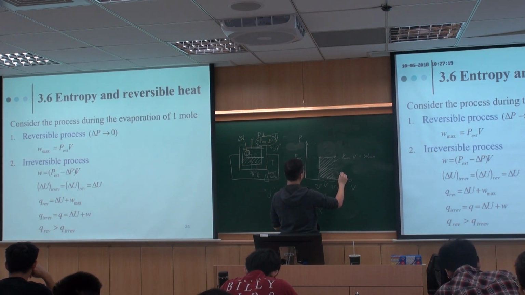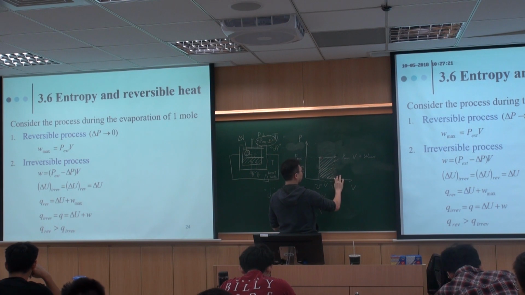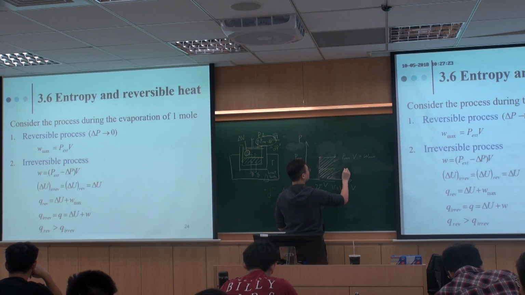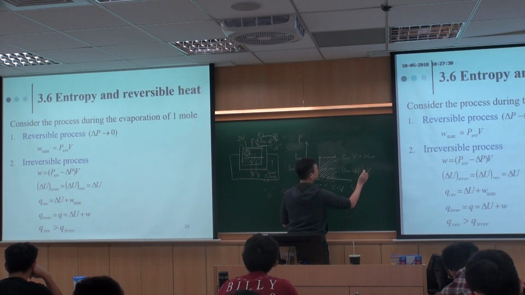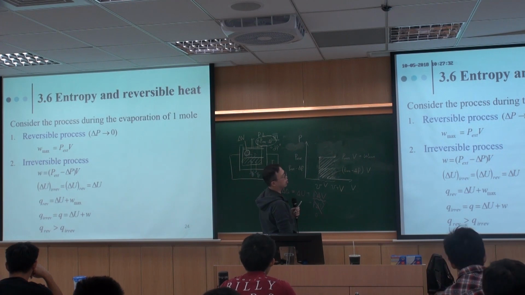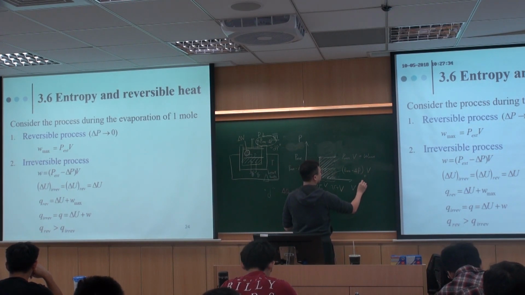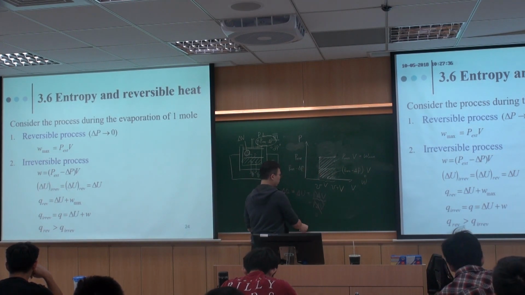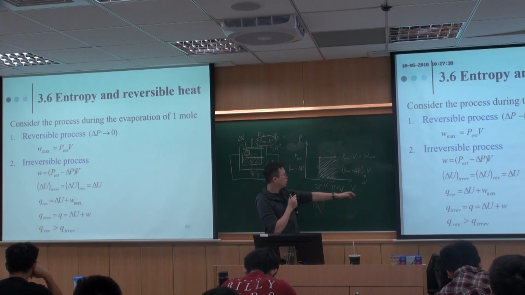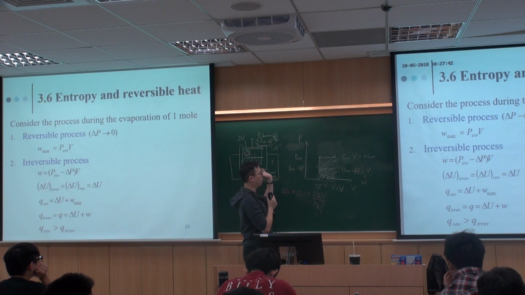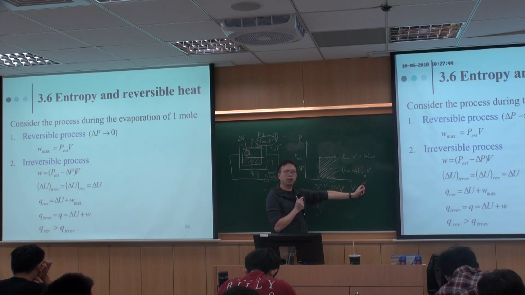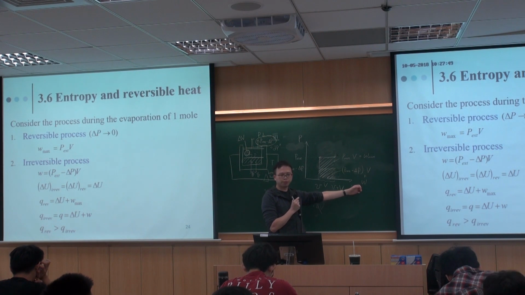So this area is P times V, and this is, let's say, W. So this W is the case when the system that we describe over here went through a regular process, which is irreversible.